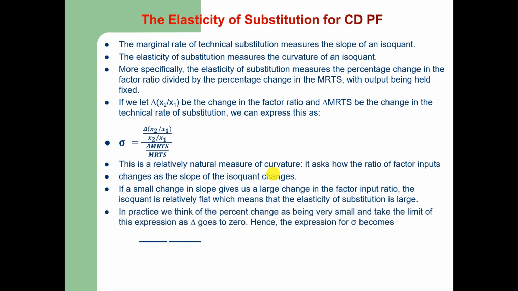In practice, we think of the percentage change as being very small and take the limit of this expression as delta goes to 0. Hence, the expression of sigma becomes as follows, and that is equal to MRTS divided by the input ratio times the change in the input ratio divided by the change in the marginal rate of technical substitution, and finally we have the change in the natural log of the input ratio divided by the change in the natural log of the marginal rate of technical substitution in absolute value.